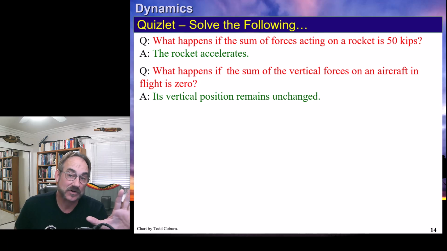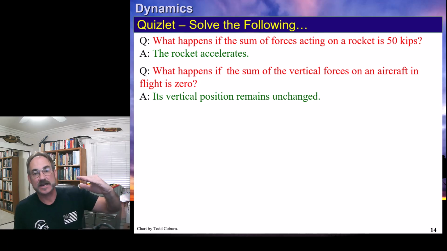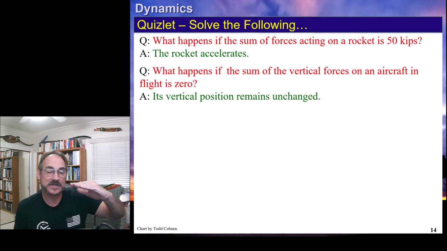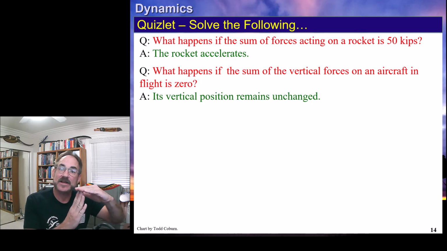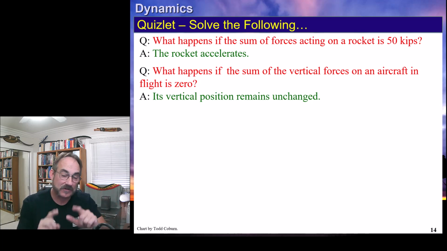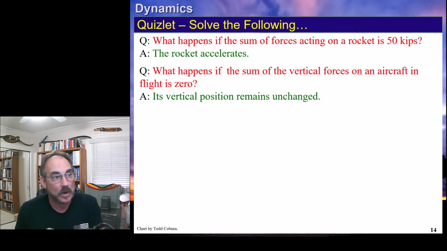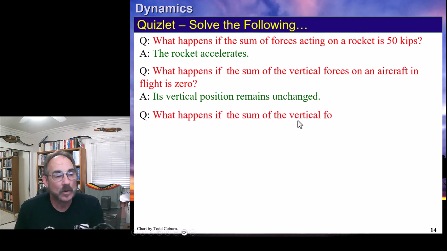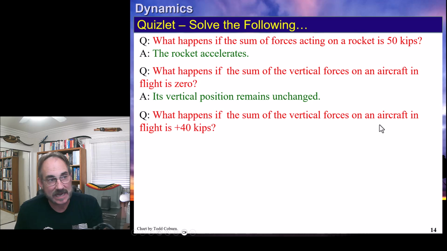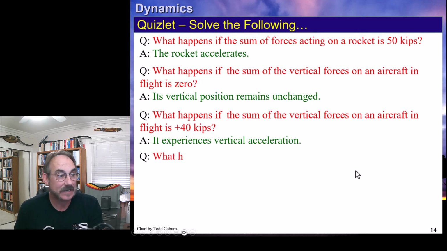If the net vertical force is 0, it's not going to change its vertical position. That means it's probably flying fast enough that its lift force is perfectly balancing its weight. What happens if the sum of vertical forces, however, is plus 40,000 pounds? Well, now we're going to get a vertical acceleration, right?